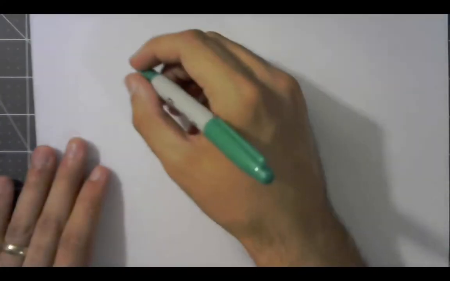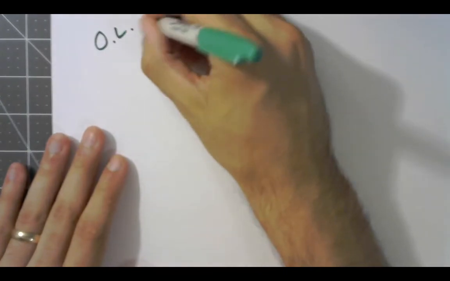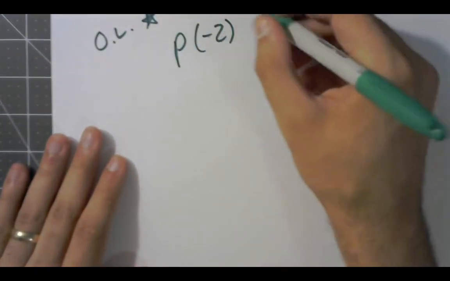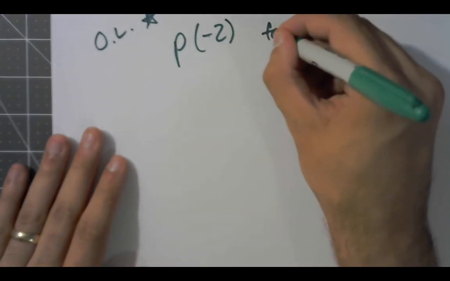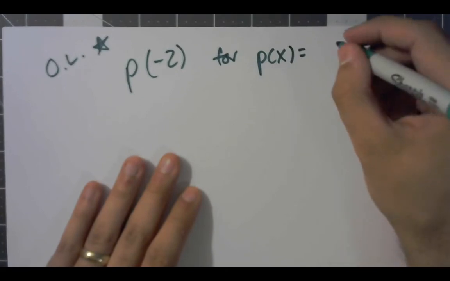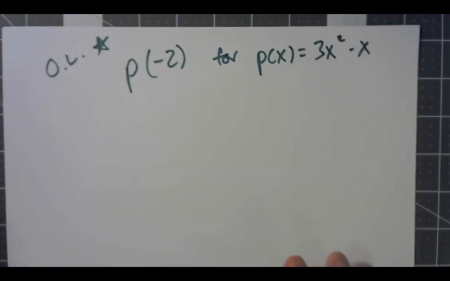All right, so I have your exam right here. Let me do this one. So on level, here you go. Hopefully you enjoy this problem. P of negative 2 for P of x equals 3x squared minus x.